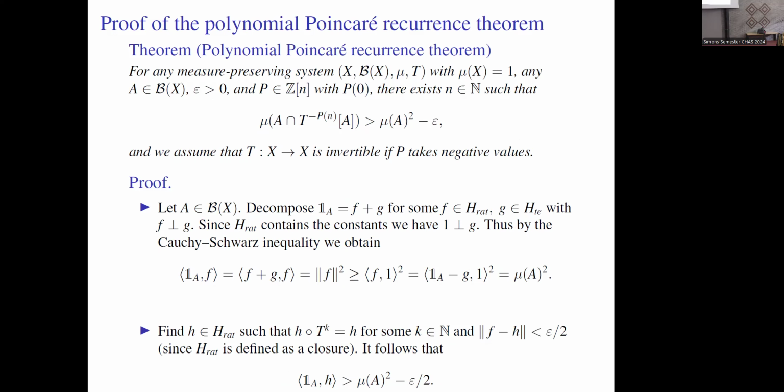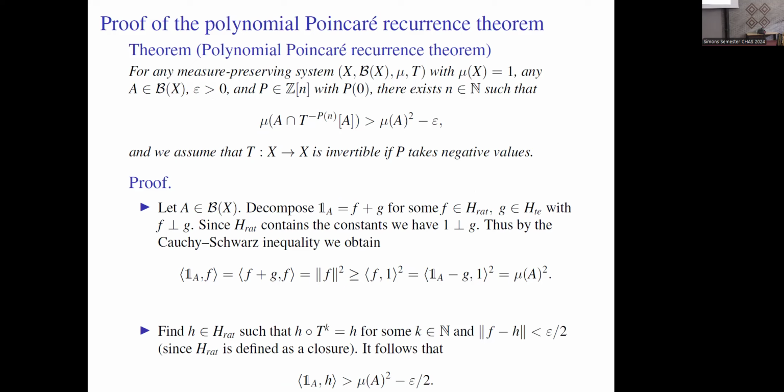So therefore G1 is orthogonal to G. So by Cauchy-Schwarz, we start with this, we add G and subtract. So F minus G is orthogonal to F, and so therefore we have this.